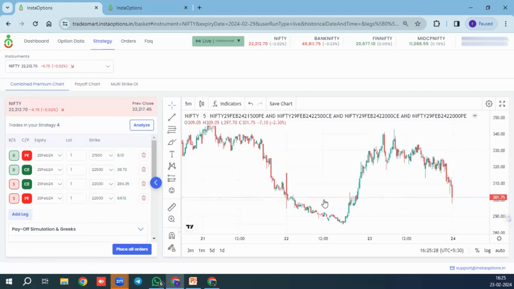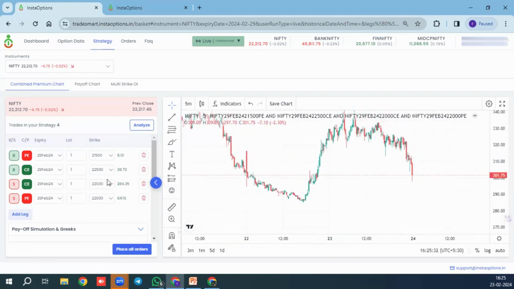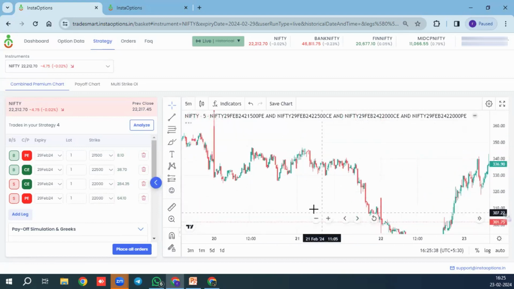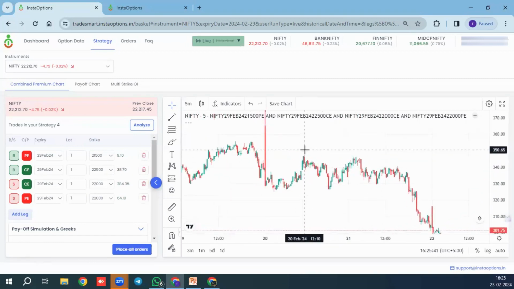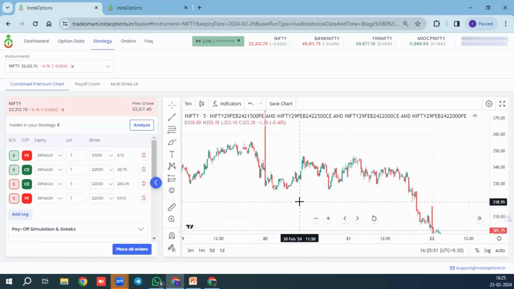Okay, so yesterday this would have been a different case. And here, if you go for a 22,000 sell, it would have started last week. You need to start 1 week prior. If this week is expiry, then you need to start 2 weeks before, so that you will get higher premium, and even if the market moves violently, you will not get affected so much.